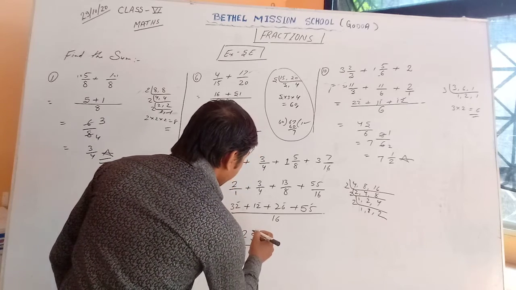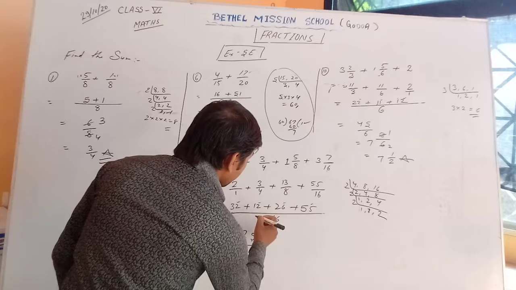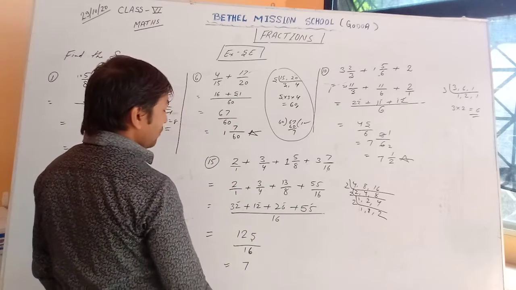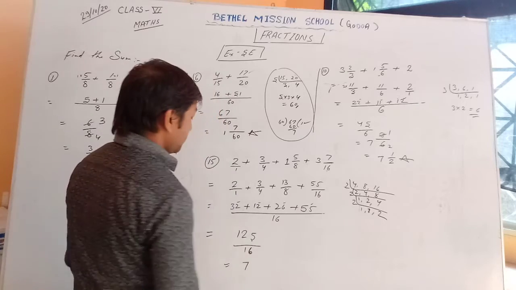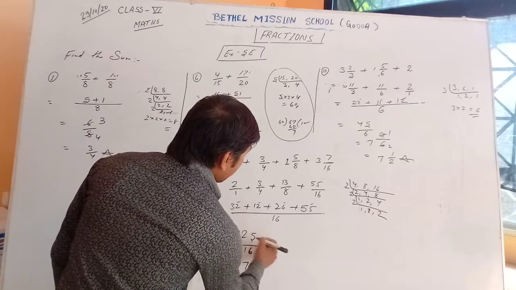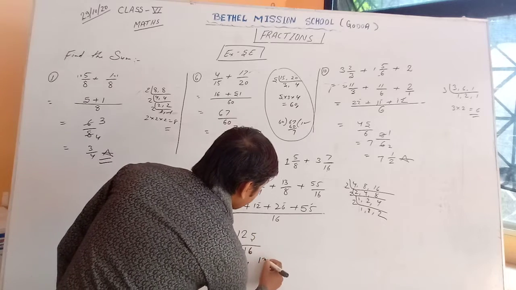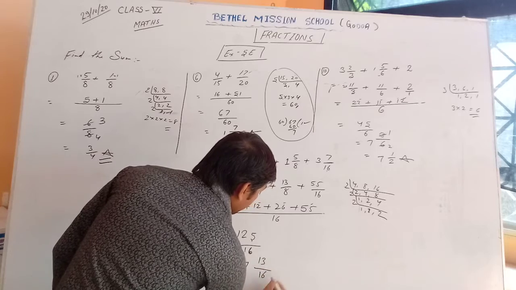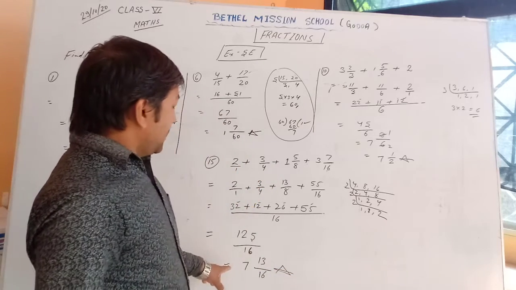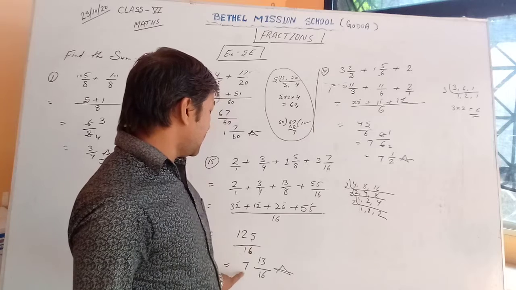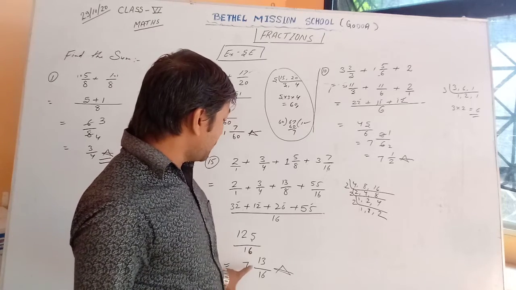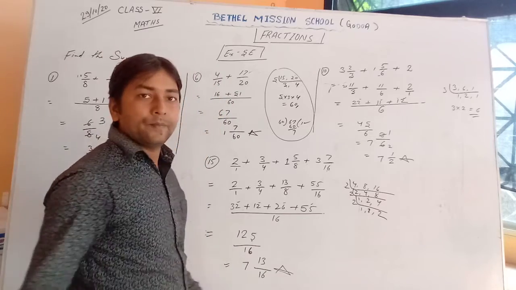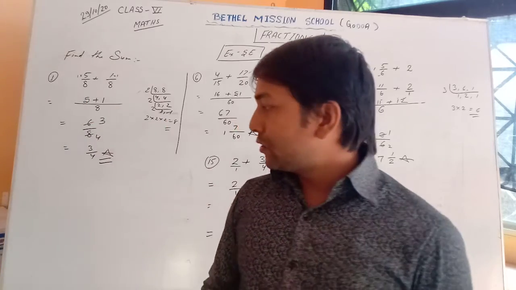How many times? 16 7s are 112, and 13 would be the remainder, and by 16. 7 whole, 112 plus 13 gives 125 upon 16. This is the answer. Similarly you can do the rest of the questions.